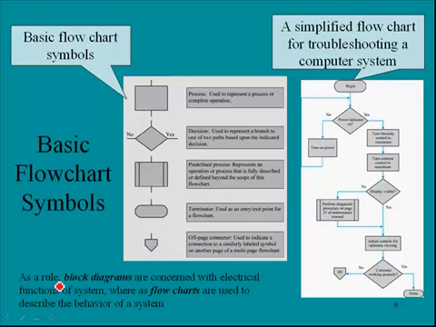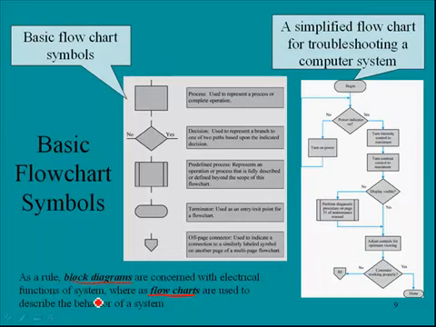As a rule, as I note down here at the bottom, block diagrams are concerned with electrical functions of a system. This is what we looked at on the previous slide. Whereas flowcharts, which this is, are used to describe the behavior of a system.